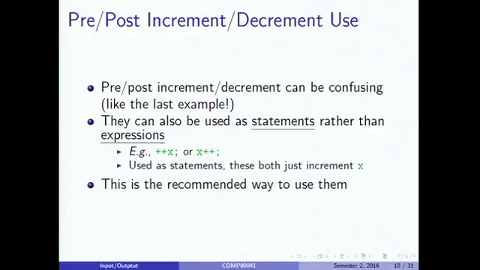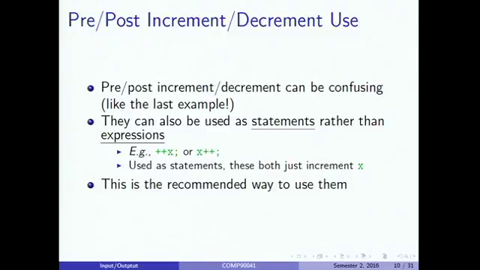It's very simple. The other alternative, you could always just use X plus equals 1 as a statement, or X minus equals 1 as a statement, and you put it where you want it. If you want a pre-increment, then you put it before the value. If you want a post-increment, you put it after you use the value. It's all really straightforward, and it's very obvious when you're reading the code. It's very clear.